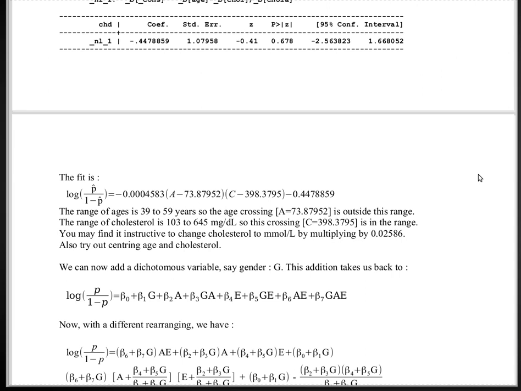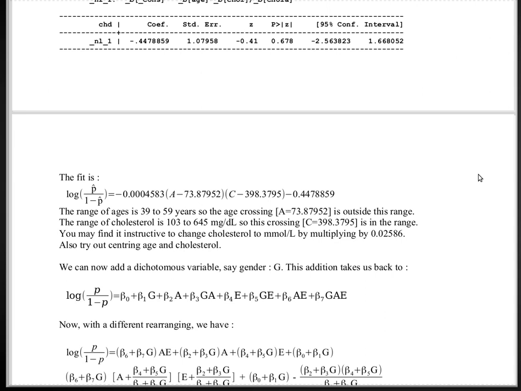So we could look at to what extent it might make sense that the impact of cholesterol, in this case the log of odds of coronary heart disease and age, is changing in its behavior depending on the age of the individual. There's quite a bit in play here, and we're just going to have to leave that for now.